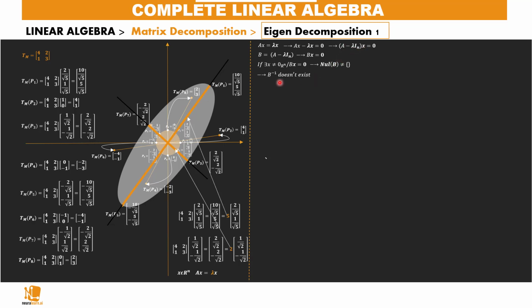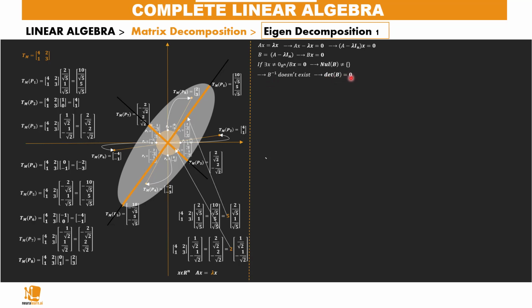From this we can say that B inverse doesn't exist. As for B inverse to exist, the null space of B must be equal to an empty set, and the column space of B must be equal to the number of columns of the matrix B. So this implies B inverse doesn't exist, and when B inverse doesn't exist, the determinant of B is equal to 0.